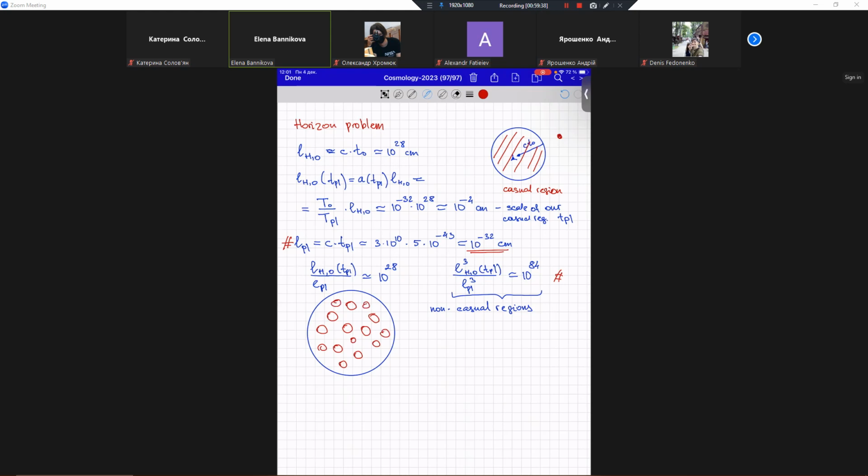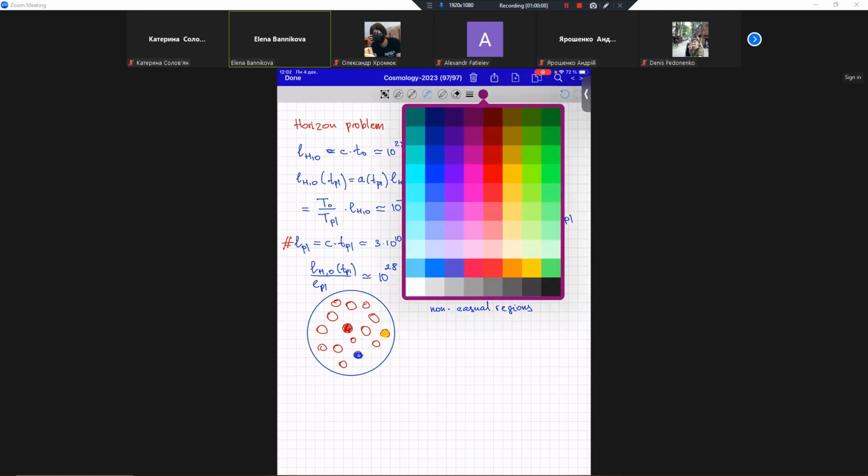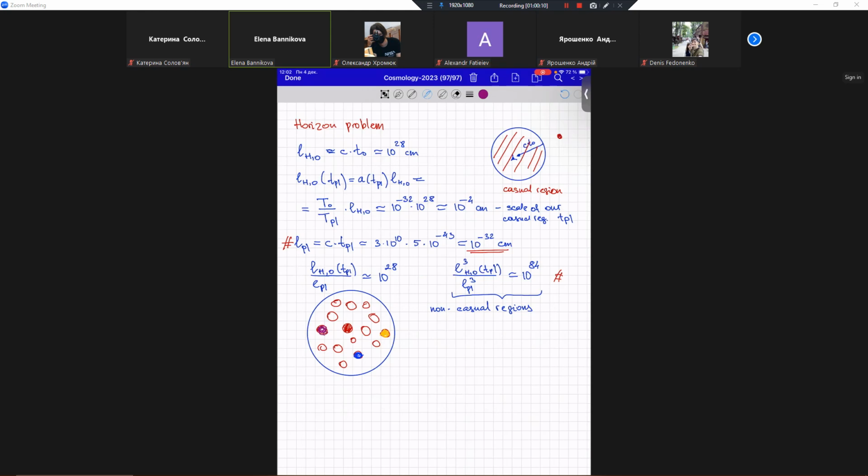It means that if something happened in this region, some phase transition, the temperature falling down, or otherwise, this region will not know anything about it. This region too, and this region too. They will live all of them with their own life, and will not know what happened in another one.